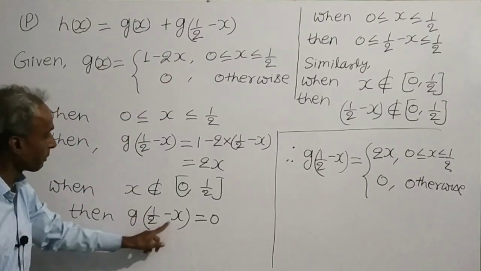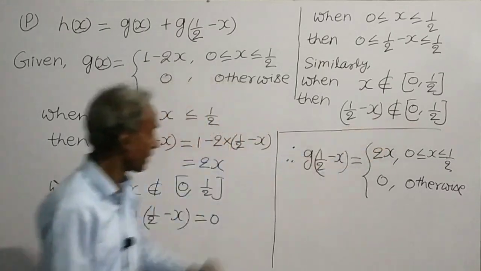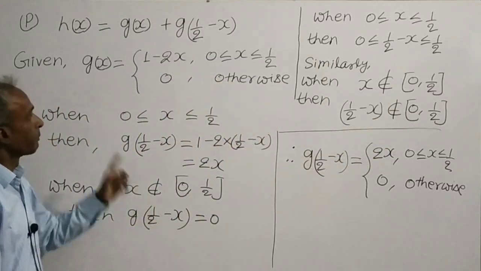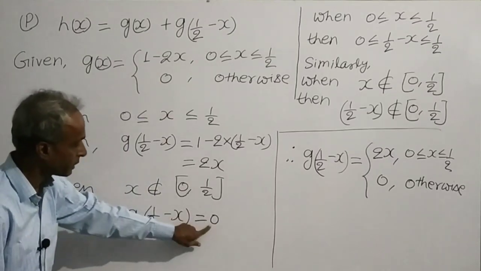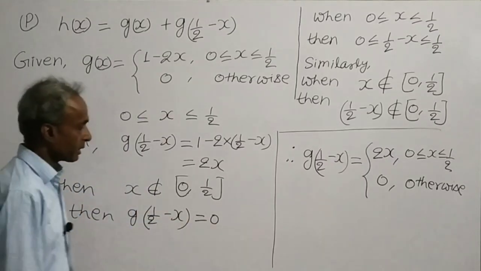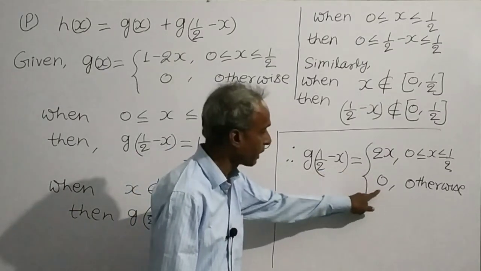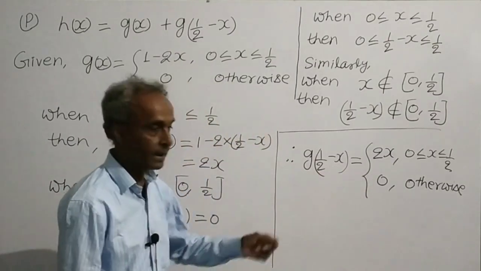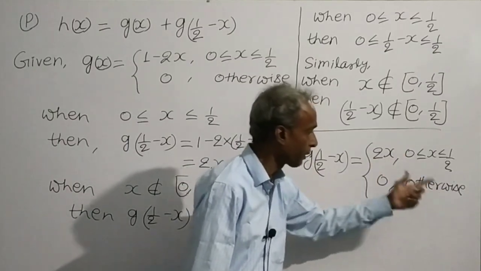Since 1 by 2 minus x does not lie in this interval, the function will be written according to this rule, 0. Therefore, G of 1 by 2 minus x will be equal to 0 when x does not lie in this interval, otherwise.